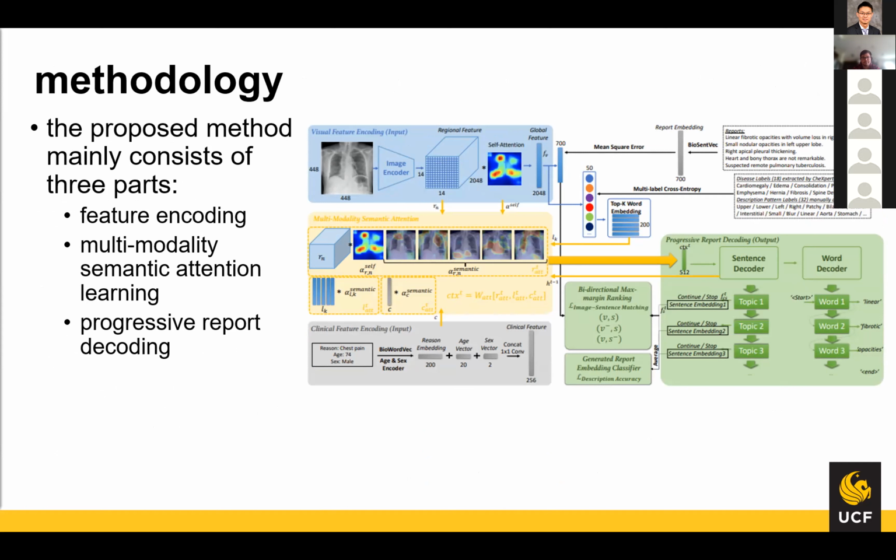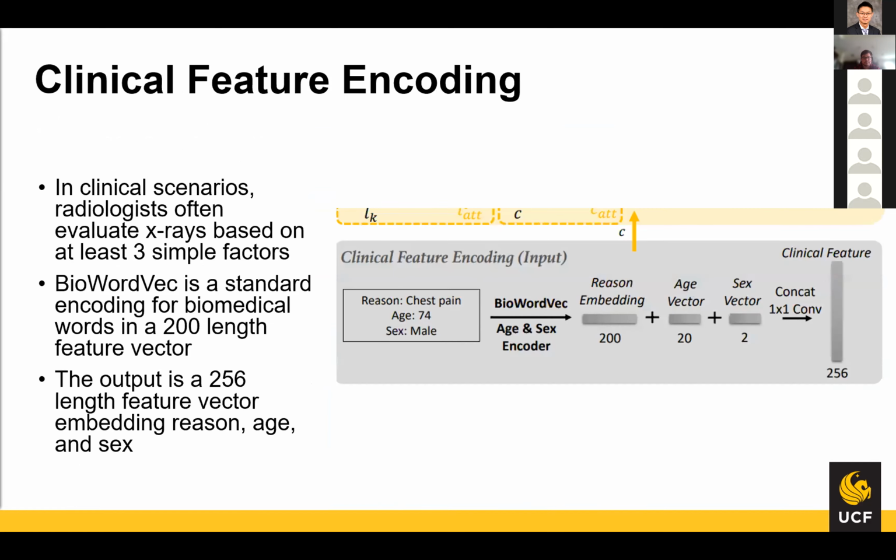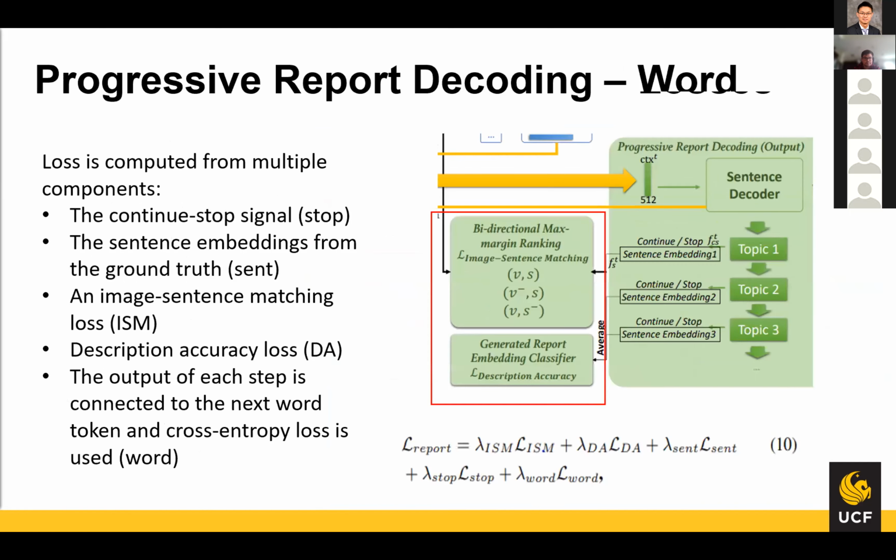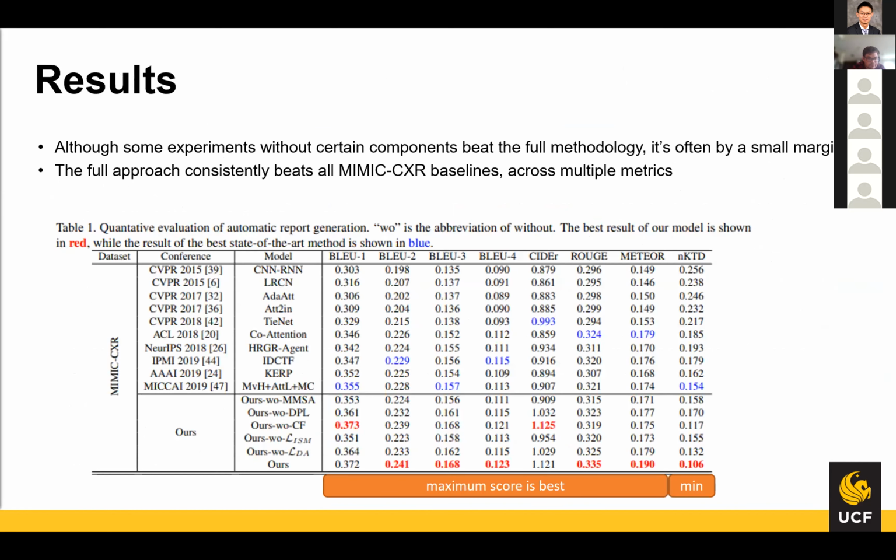The comparison methods are from 2015, 2016, and the latest is 2018 or 2019. I'm just curious why they compare those methods. Are these representative approaches?